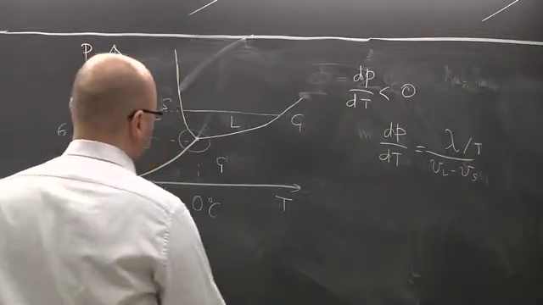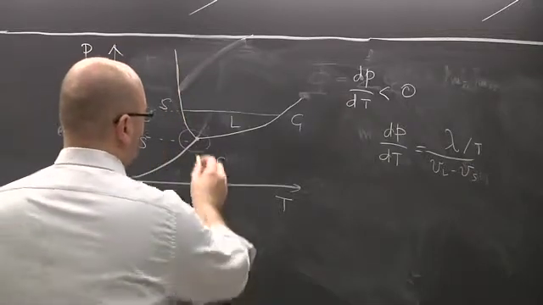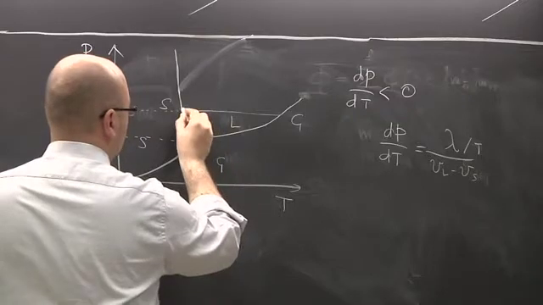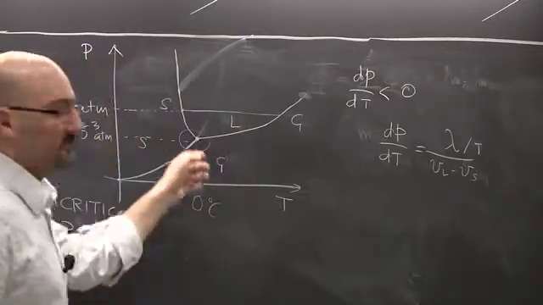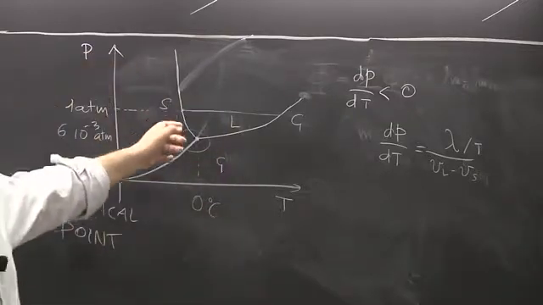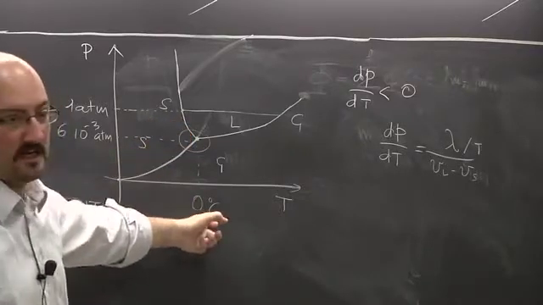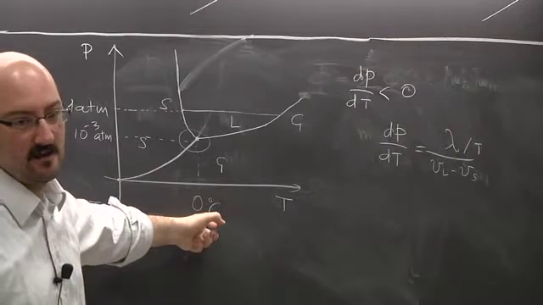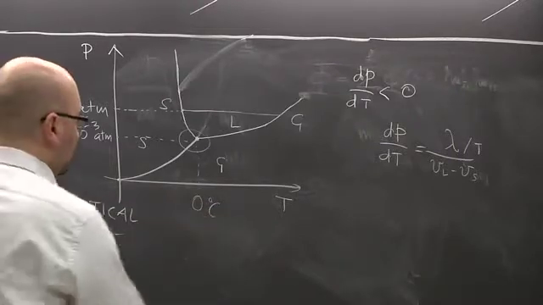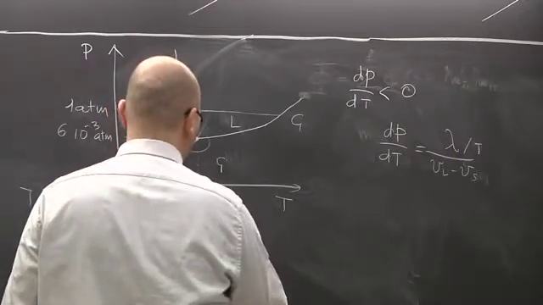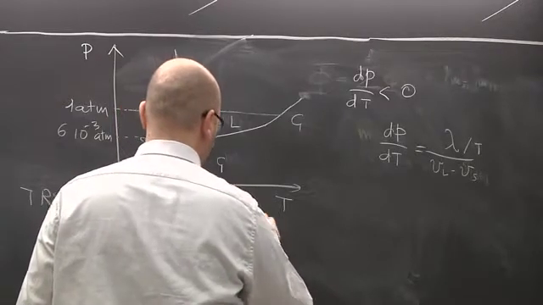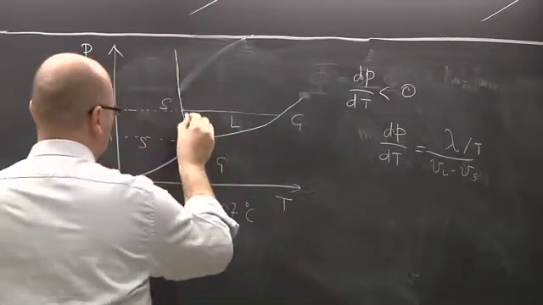So if at 1 atmosphere water freezes at 0 Celsius, this means that this is not really 0 Celsius, it's slightly larger. And in fact, it's something like 0.007 Celsius.